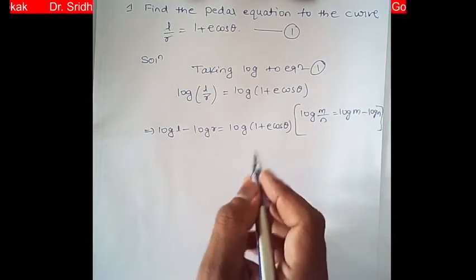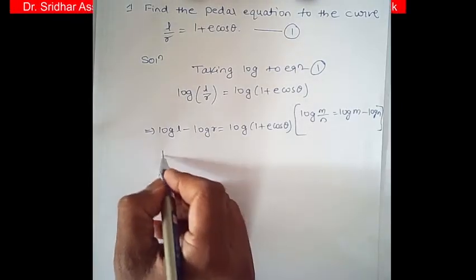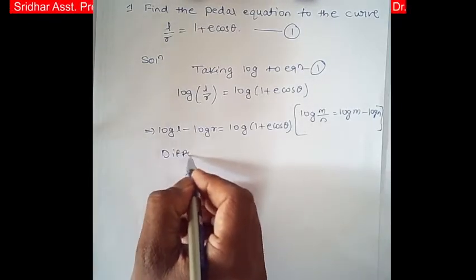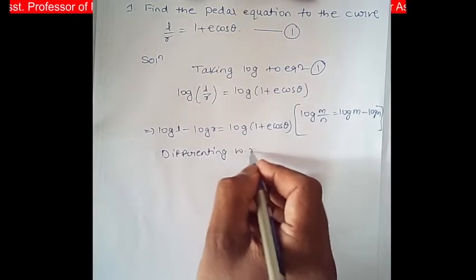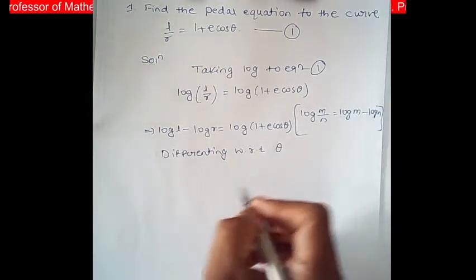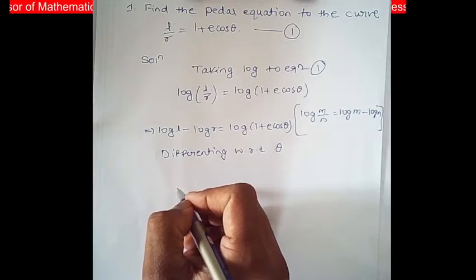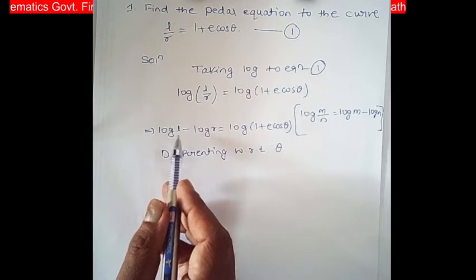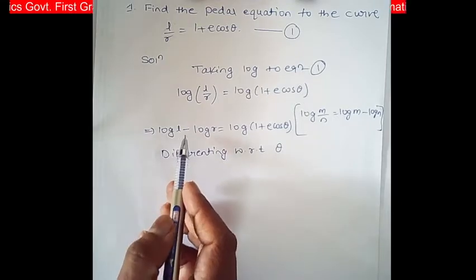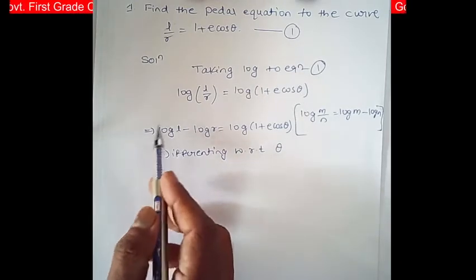Okay. Next, differentiating with respect to theta. So L is constant, log L is also constant. So differentiation of log L is 0.